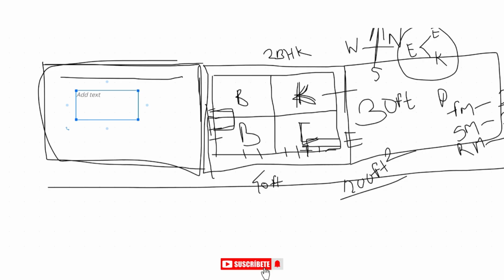Then next, these things are mostly important: WC and bathroom sizes. Actually, it comes in the room sizes, but again, I'll try to make it separate. Bathroom size. Okay. Likewise, if I get an idea about anything, I'll try to cover it in the next video.